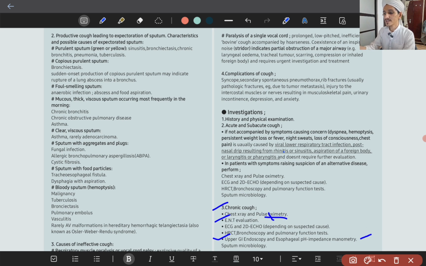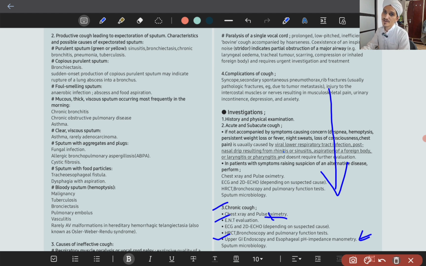Again, you will evaluate in the same way as in acute and subacute cough. You will do chest X-ray and sputum examination, and if you are still concerned, then you will go to HRCT thorax.